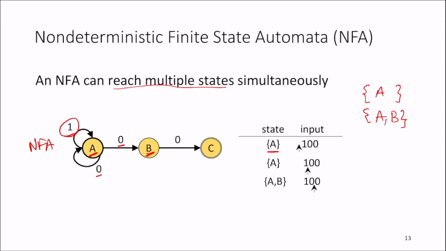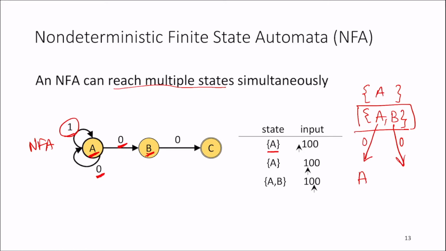And now we take another step of 0. So notice what this means now: if I am in a state like this, what it's saying is, is there a transition on 0 from A? Is there a transition on 0 for B? Is there a transition on 0 for A? Yes, there is. It goes to A. Is there a transition on 0 that goes to a different state? That's also true, right?